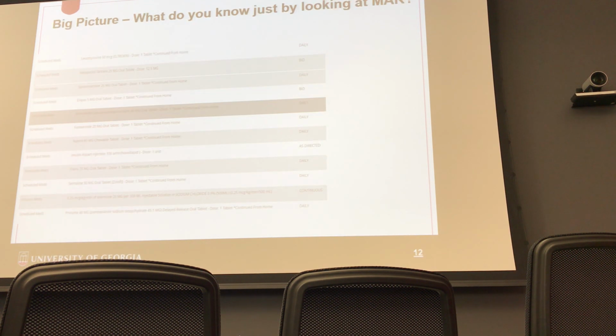All right. So big picture, what do you know just by looking at the MAR? Okay. So group two, when you look at this, what do you see that speaks to you of things that you think might be going on? I know you've looked at the chart, but pretend like you haven't. What would you see when you look at this?